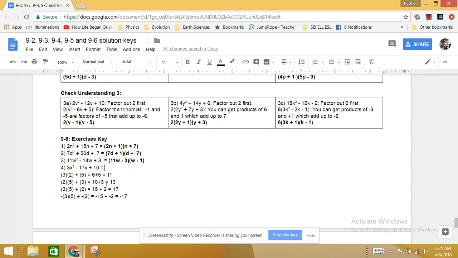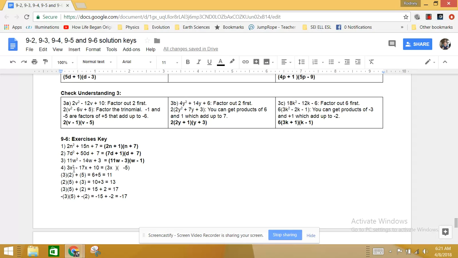So let's work it out. So let's say I want an outside product to get me negative 15. So I know that I'm getting a 3 from here, so I'll just say 3x. And I'm going to put a negative 5 here because that'll work to get me a negative 15x.